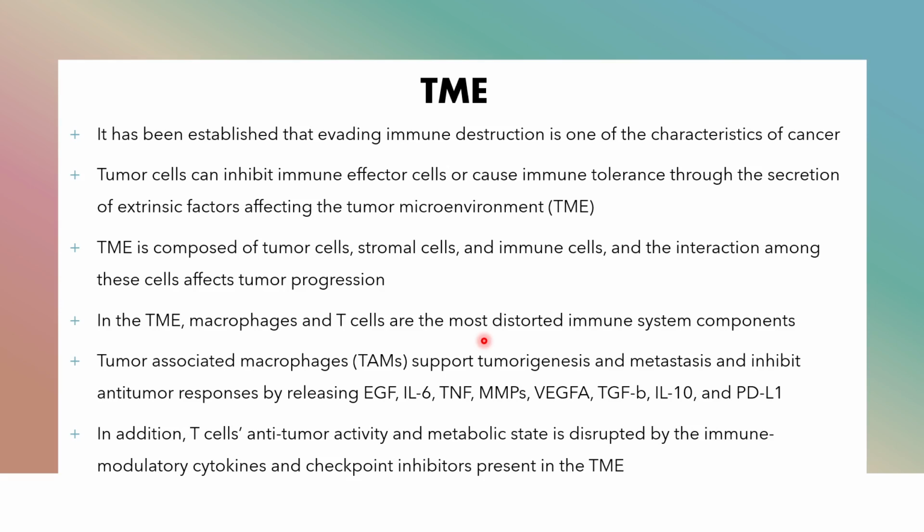So, basically, macrophages are phagocytes which engulf the dead cells or tumor cells, and present them at the MHC class 2, right? MHC class 1 and MHC class 2, you have heard about it. So MHC class 1 is expressed in all types of cells, but MHC class 2 is expressed in antigen presenting cells.